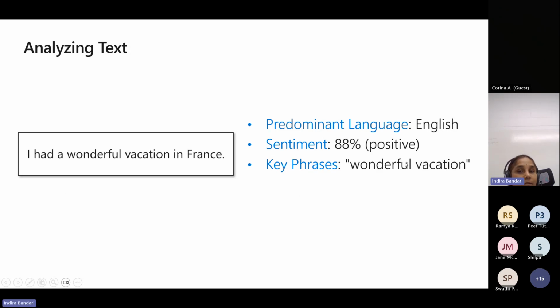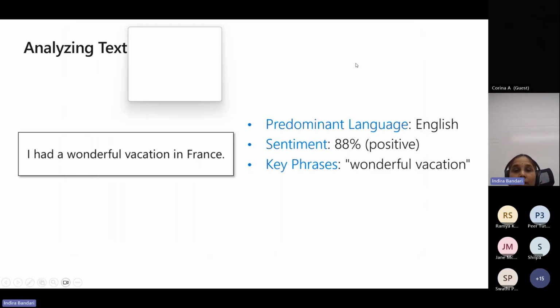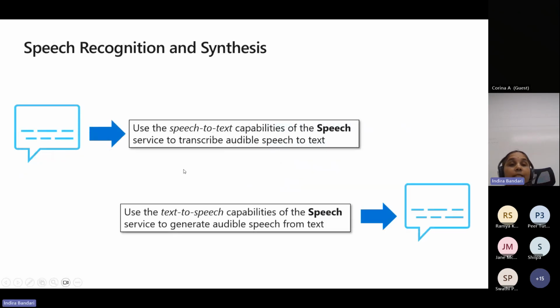Key phrase is wonderful vacation. And what did I say that entities can be? I said that it can be a person, place, or something else. So what can be the entity here? Come on. France. Very good. Place, yes, France. See, the entity is France. Okay. So that's how text analysis happens.